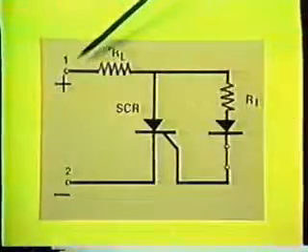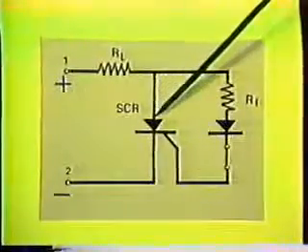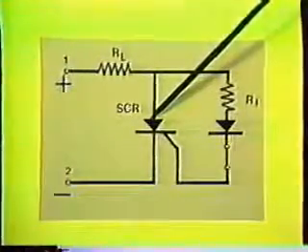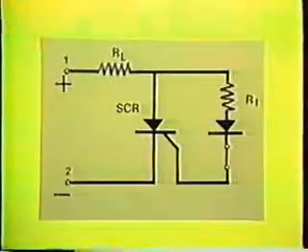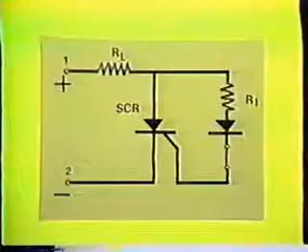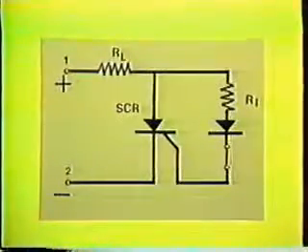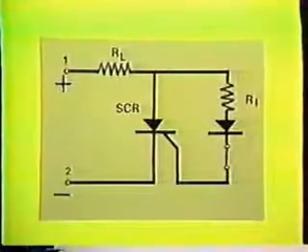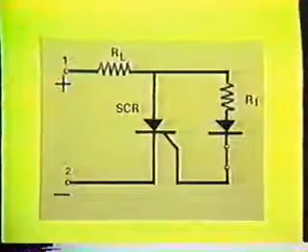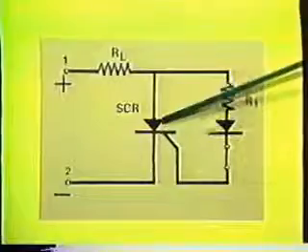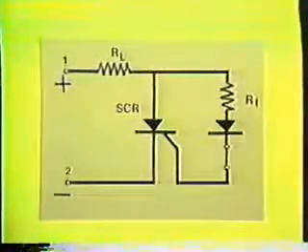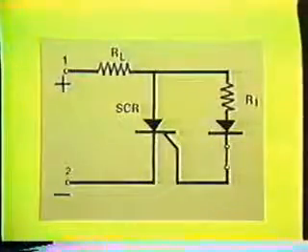Well, when we apply an AC signal, the anode voltage is positive for 1/2 of the cycle, then it goes through 0 and becomes negative for 1/2 cycle. When the signal goes to 0, the anode voltage becomes 0 and thus is effectively removed. During the negative half cycle, the SCR is reverse biased and will not conduct.